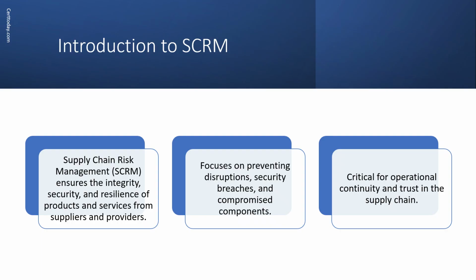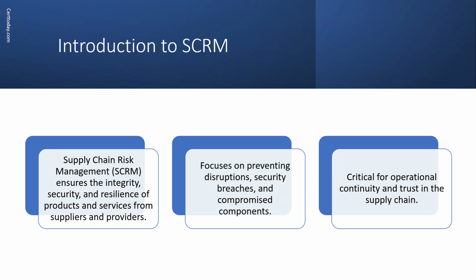Introduction to SCRM. Supply chain risk management, SCRM, is the practice of identifying, assessing, and mitigating risks that could affect the integrity, security, and resilience of products and services obtained from suppliers and providers. Its purpose is to ensure that every element in the supply chain, from raw materials to final delivery, is trustworthy and free from vulnerabilities.